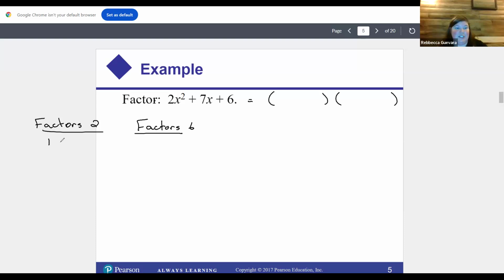I'm assuming I just need positive factors. As long as everything's positive, all those factors are going to be positive. So we would have 1x here, 2x here. I don't have a lot of choice there. It's going to be a combination of the other 2 that I'm going to have to work on.